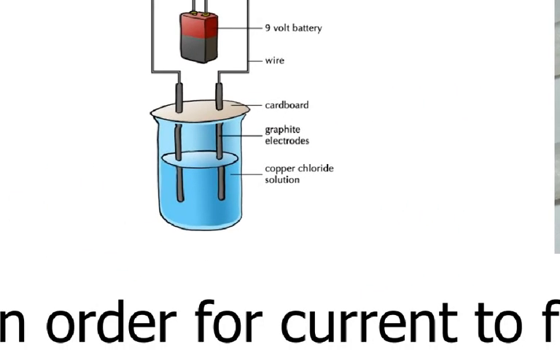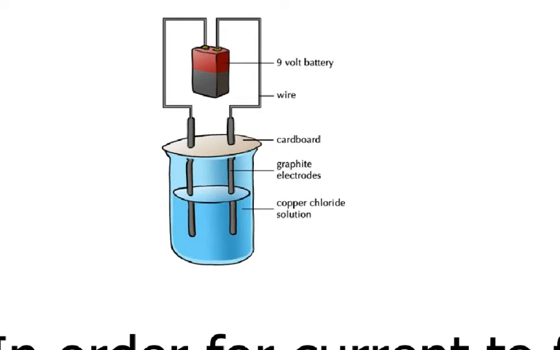If you have electrical current flowing through a solution of liquid, then it's not electrons specifically that carry the charge, but ions. So you might have, for example, some sodium plus ions, and then you might also have some chlorine minus ions floating around in there.